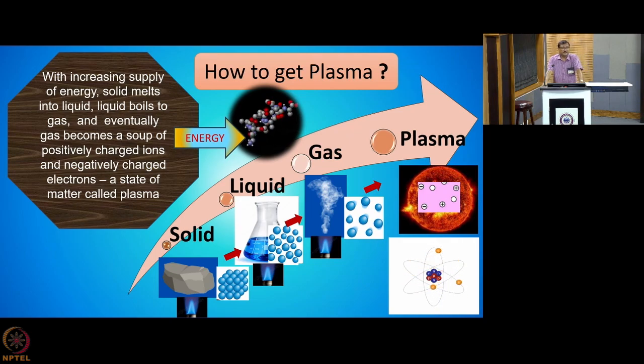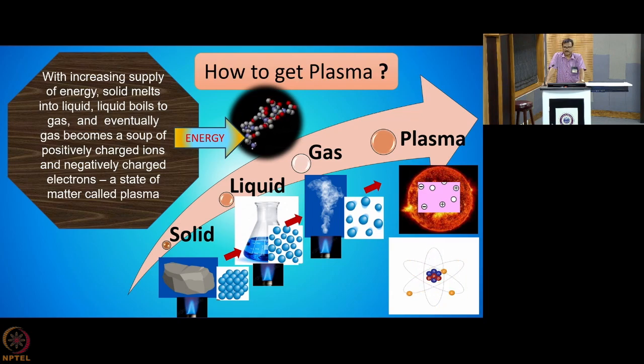Now, how to get the plasma? We told that you take any solid, then you just keep on pumping energy into it, then it will become gas, or directly reach the gaseous state. If you put in more energy, then liquid will become gas, and if you keep on pumping energy, then this gaseous substance will keep on heating, and a time will come when the electrons will have sufficient energy to come out from the respective atoms.